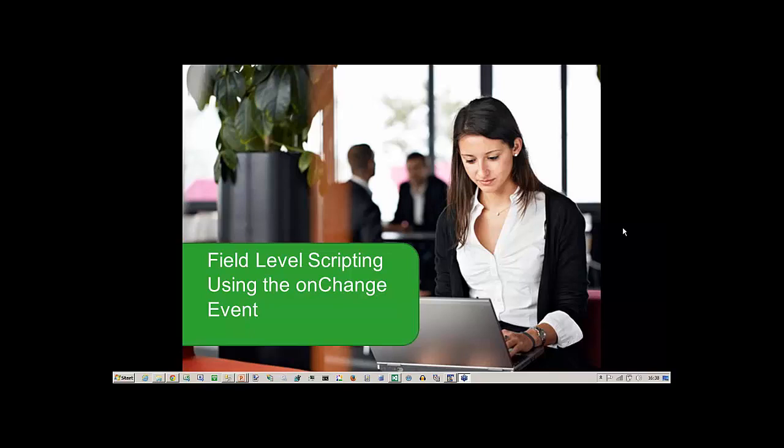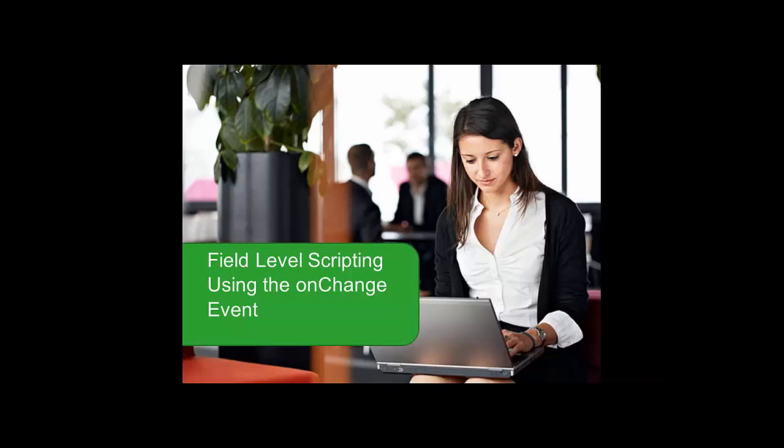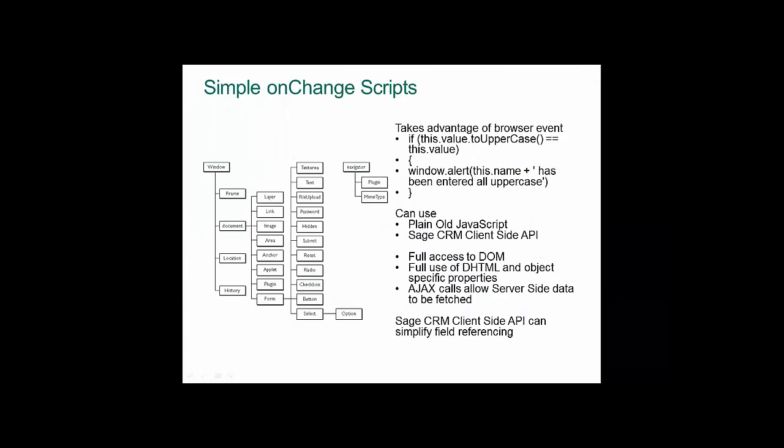Well, no one has shouted out anything, so what I'll do is I'm going to carry on with this, and we're going to look at the idea of field level scripting using the onChange event. So this is getting quite practical into how we implement particular rules.